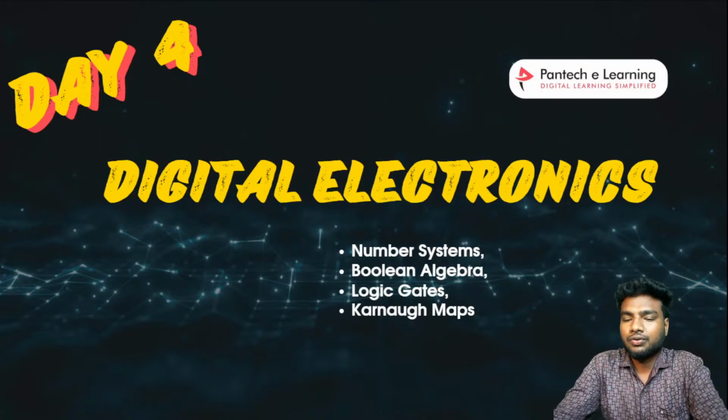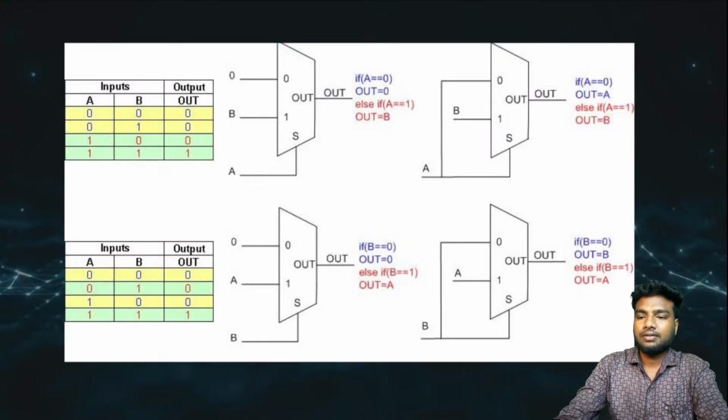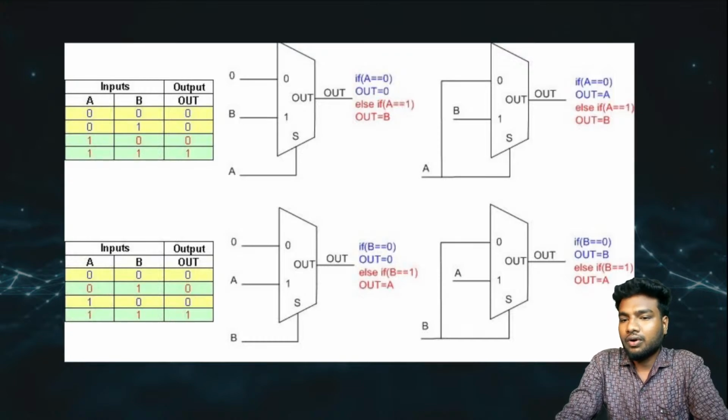Before going into digital electronics, I just want to ask a tricky interview question in digital electronics. I hope you know the 2x1 mux, the multiplexer. The inputs of a 2x1 mux are input 1, input 2, and the selection line, and the output is out. So there are 2 inputs, 1 output, and 1 selection line.